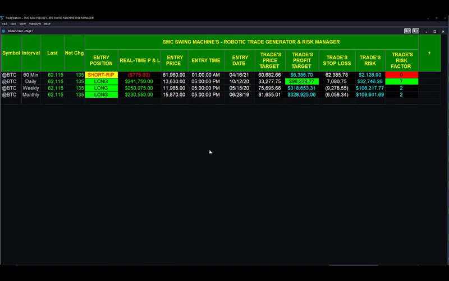You are looking at our tool called the SMC Swing Machine. Think of it as a robotic trade generator and risk manager. This is our proprietary tool, running on the TradeStation platform, of which we have no official relationship other than being a very happy, satisfied customer for now more than 20 years.